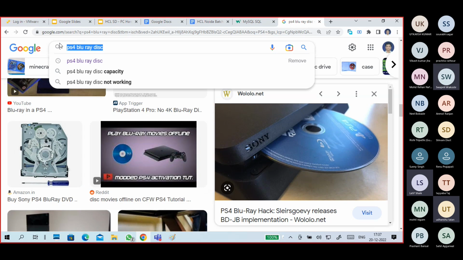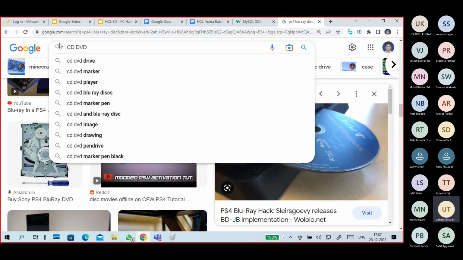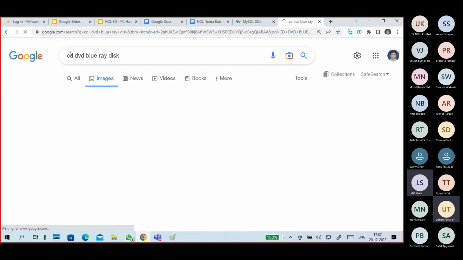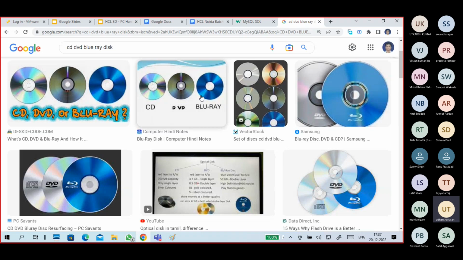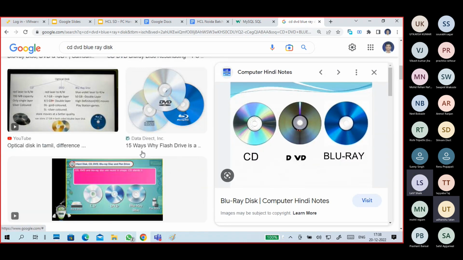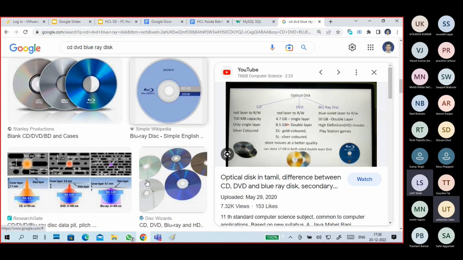What is the maximum storage size Blu-ray can store? Single layer 25 GB, double layer 50 GB. So 50 is double layer, 25 is single layer.